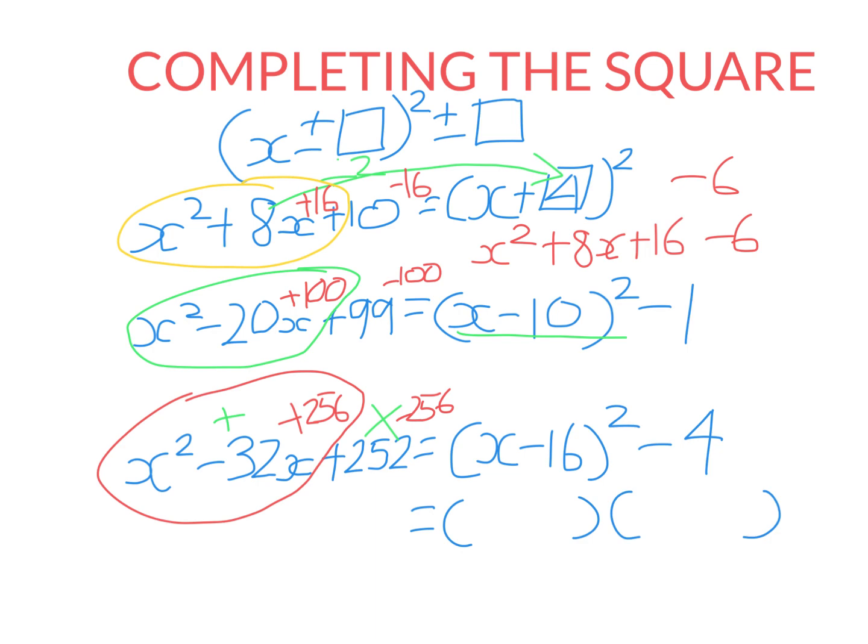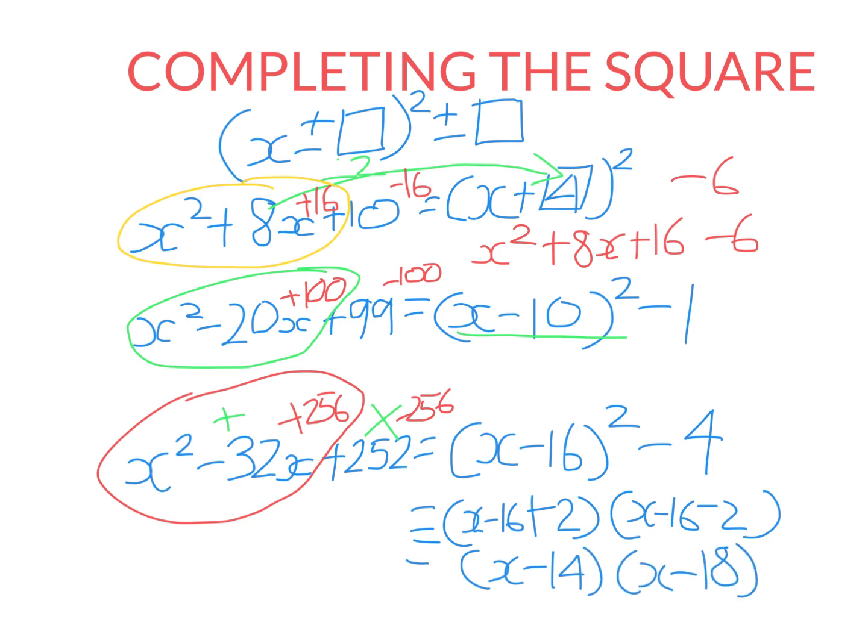So the square root of (x minus 16) squared is just x minus 16. And then you square root the second. The square root of 4 is 2. One bracket gets a plus, and one gets a minus. Simplifying that, minus 16 plus 2 is negative 14. Negative 16 minus 2 is negative 18.